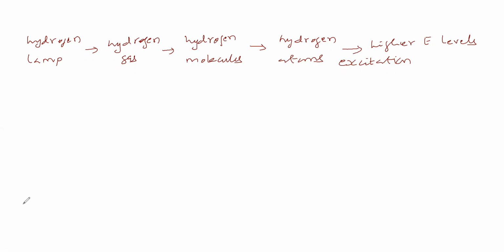Now we will take the energy levels. First we will take n is equal to 1. Some electrons may be present in n is equal to 1, the first level. That means some of the atoms might not have got any quanta.